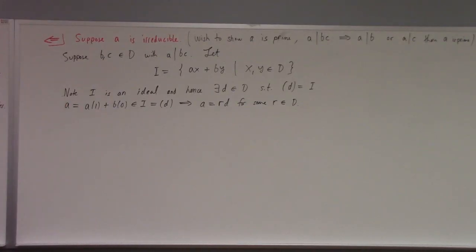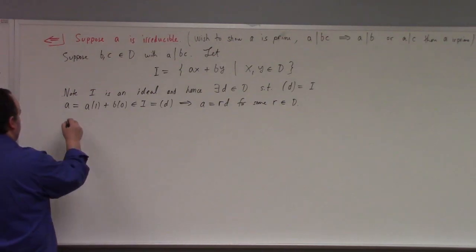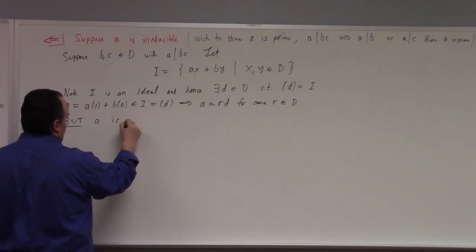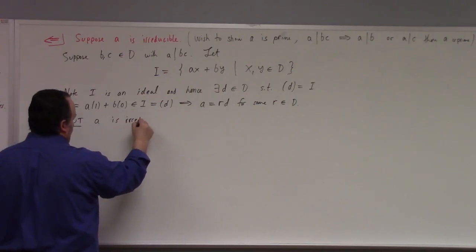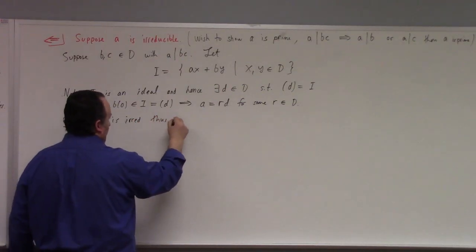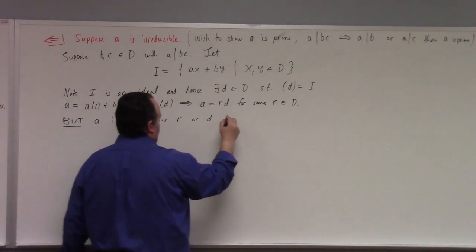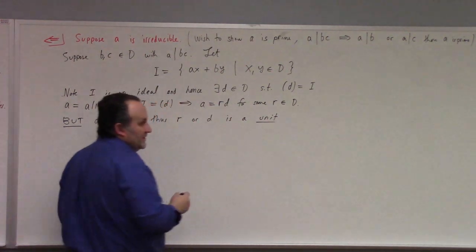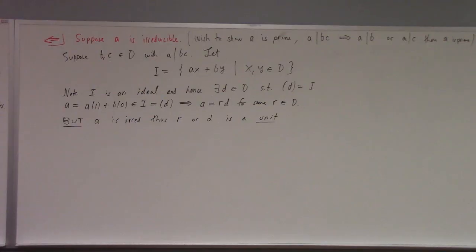So A has to be equal to R times D, but A is irreducible. So what do we get to say? Yeah, R or D is a unit.